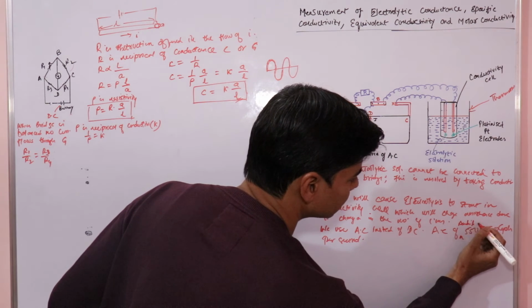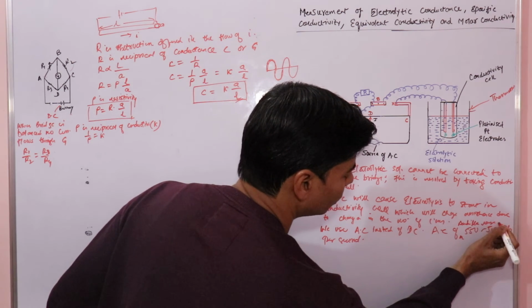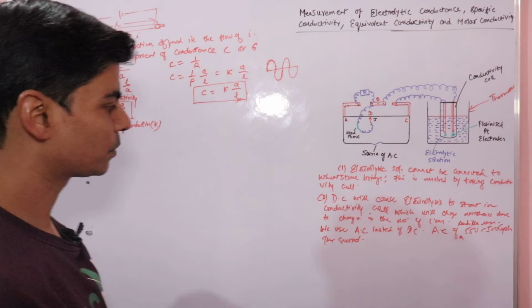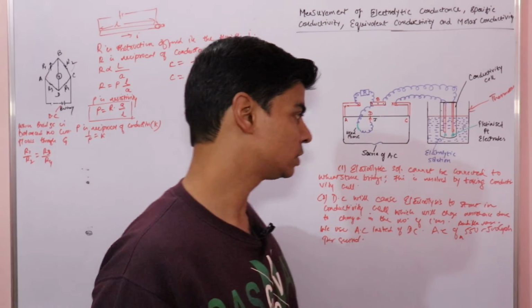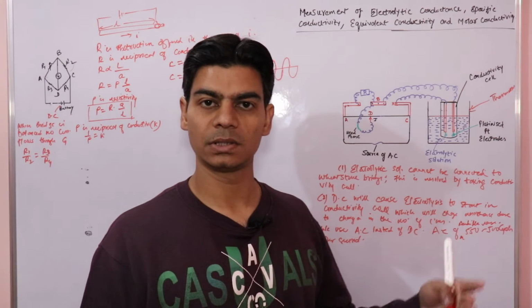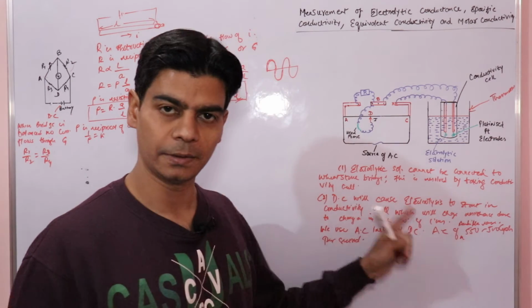This is your audible range, right? So this problem is resolved. The problem of direct current that could cause electrolysis is resolved by taking alternating current, right?